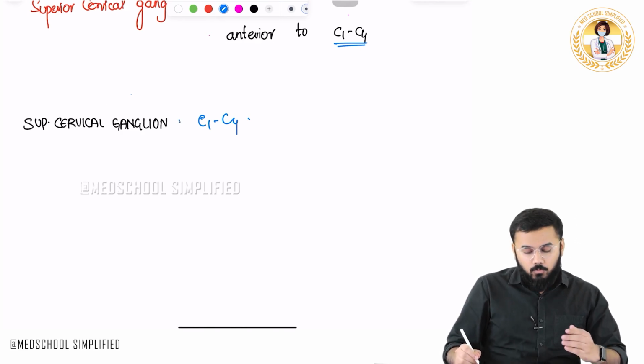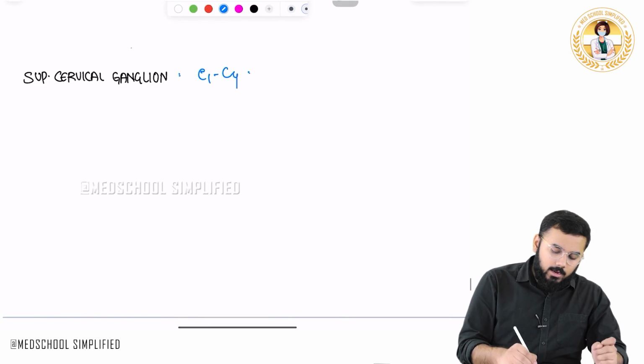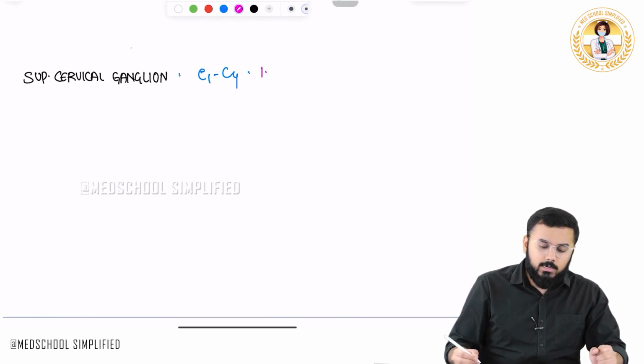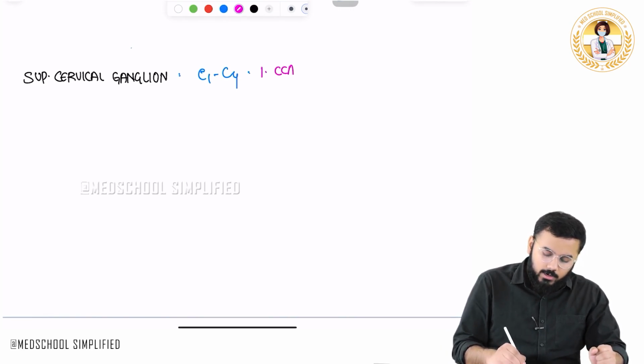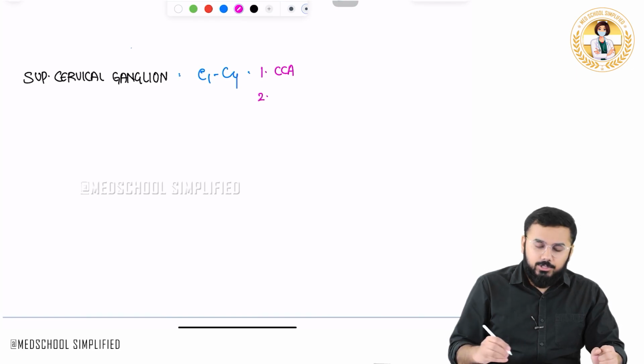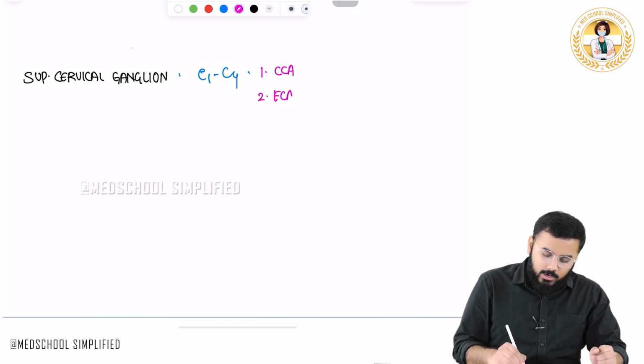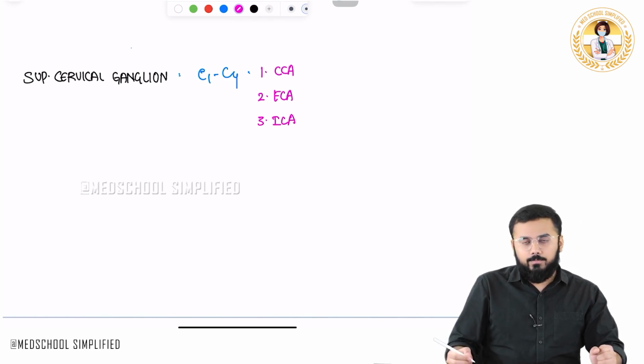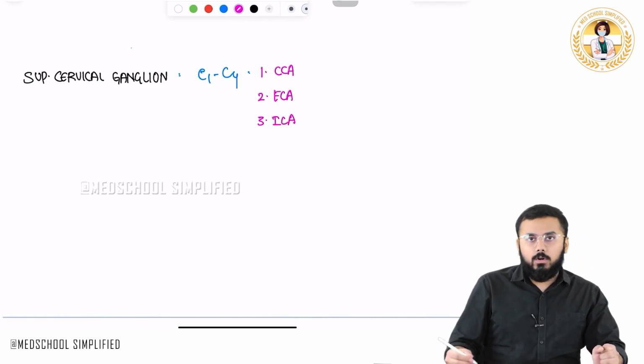Next, what are the arteries in relation? The first is the common carotid artery, the second is the external carotid artery, and the third is the internal carotid artery. Now, what organs does it supply?